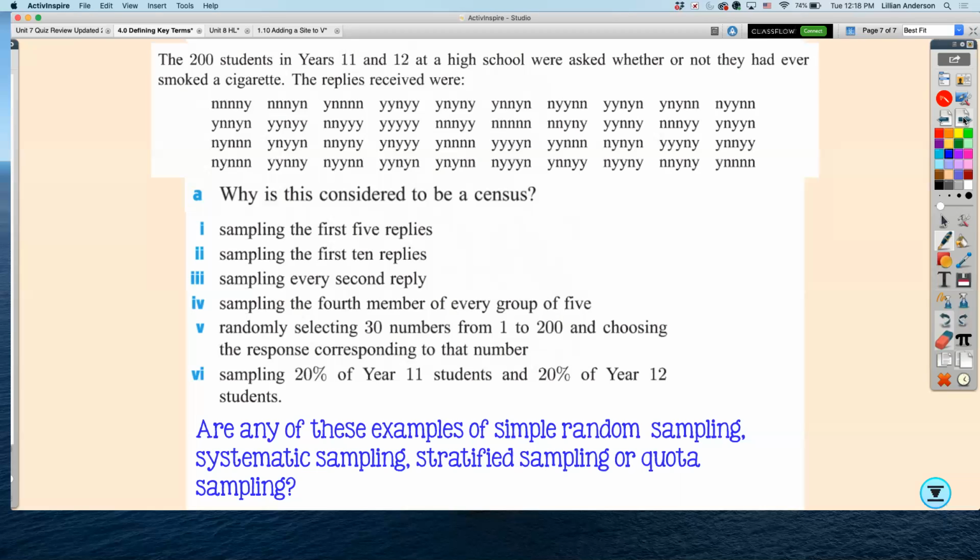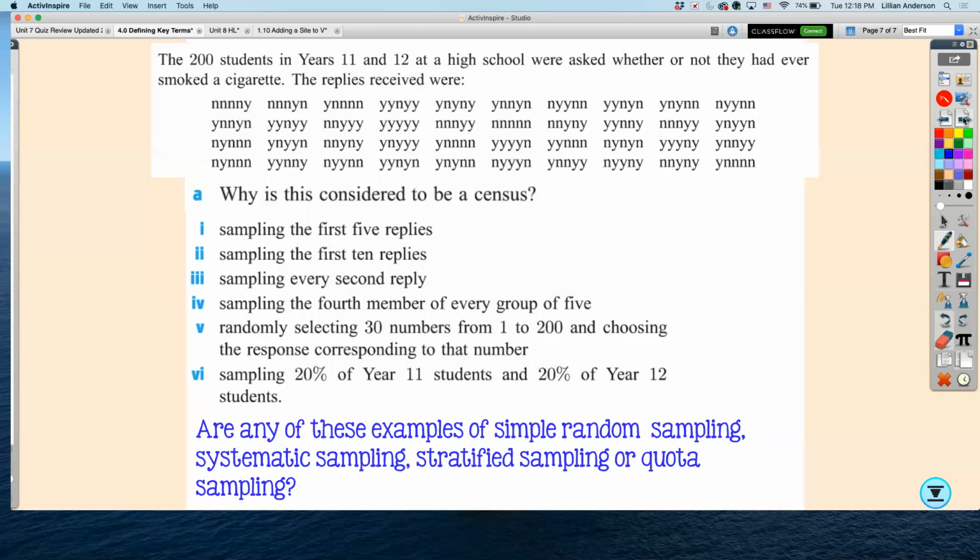Sampling the first 5 replies, sampling the first 10 replies, sampling every second reply, sampling the 4th member of every group of 5, randomly selecting 30 numbers from 1 to 200 and choosing the response corresponding to that number, sampling 20% of year 11 students and 20% of year 12 students. These are all the different ways that they could have collected a sample from these 200 students.